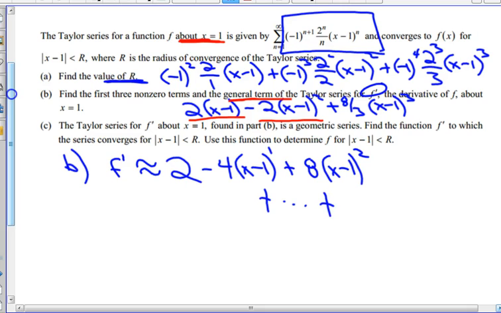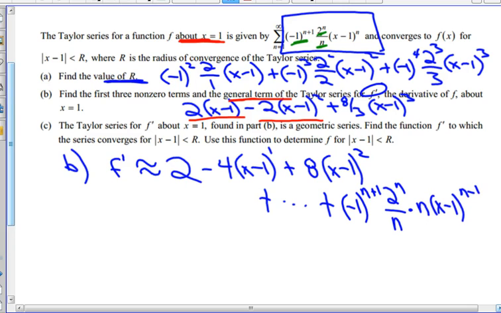When we do, we notice -1 to the n plus 1 is a constant because we're taking the derivative with respect to x. 2 to the n is a constant, n is a constant. So all of those factor through, connected with multiplication. So I get -1 to the n plus 1. I get 2 to the n, all over n. That all comes through. Then I take the derivative. And it's just a power rule. I get n, x minus 1 to the n minus 1.